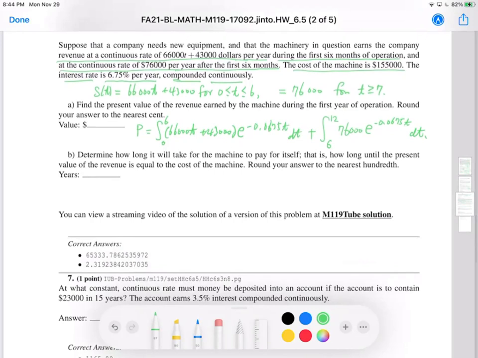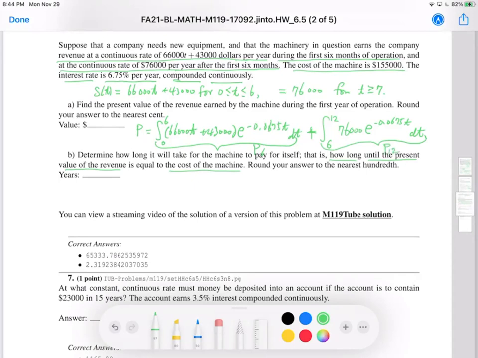Number B, how long will it take for the machine to pay for itself? That is, how long until the present value of the revenue is equal to the cost. Cost is given, 155,000. So let's say this is the first component from A, this is P6, and this is P12.